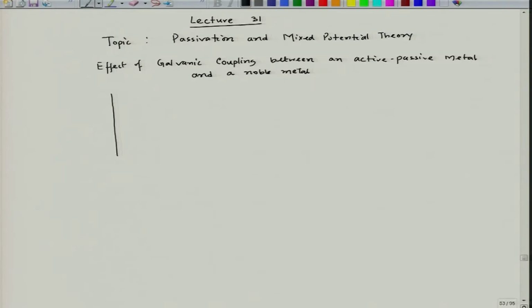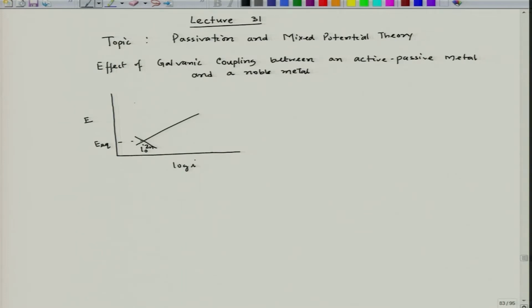And if you recall, we have seen that if we try to see the plot in case of, let us say, zinc is connected to platinum. So, this is E, this is log I, and if this becomes my active zone of zinc, so this particular point is E equilibrium and I 0 of zinc.